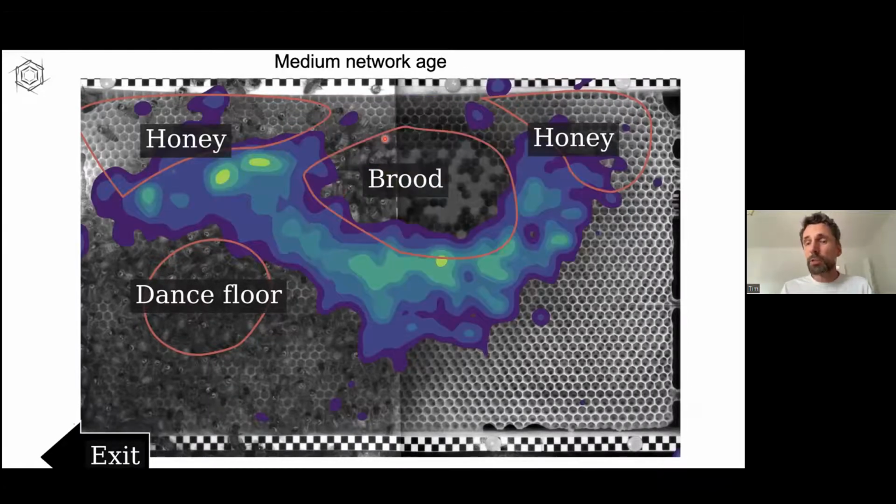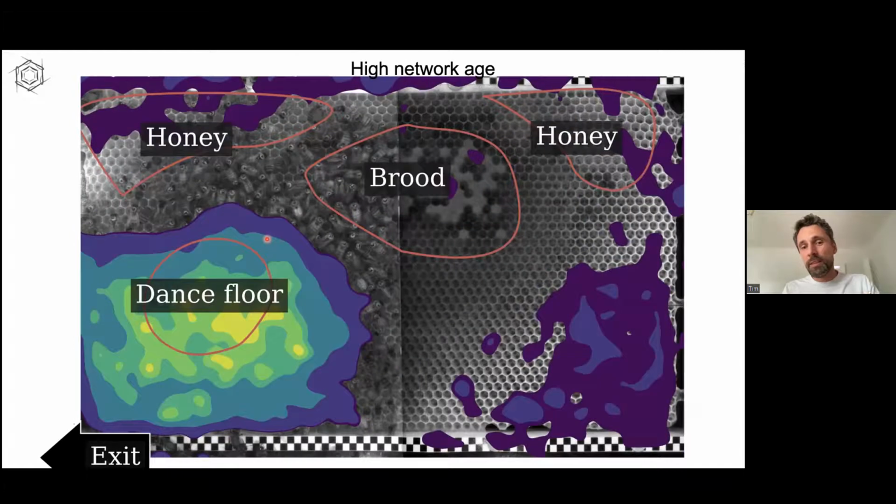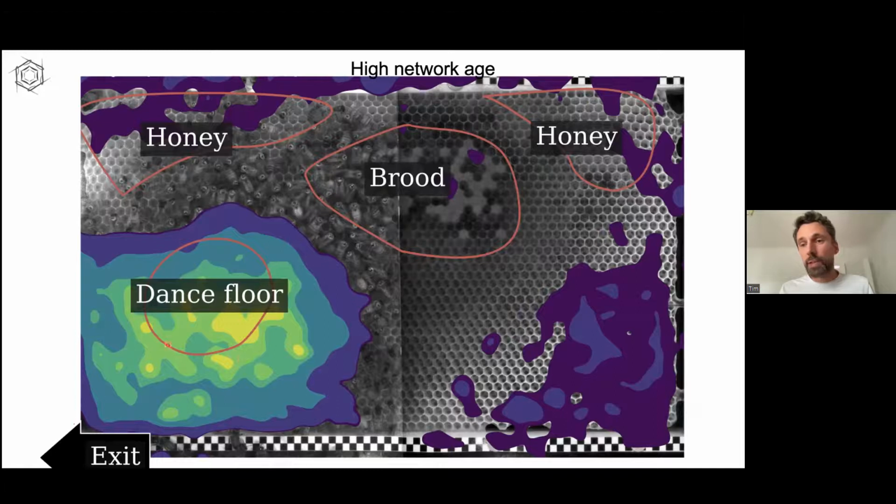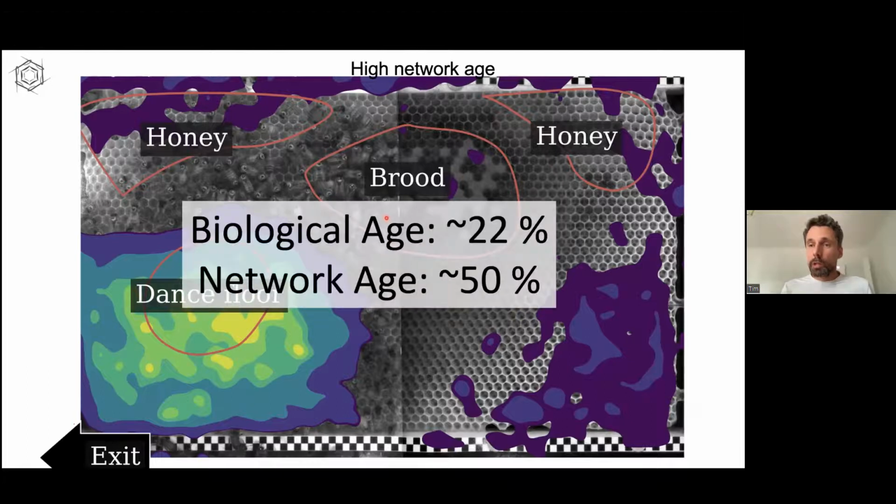But in network age, the middle network age bees are in this middle region here, and the old ones are on the dance floor, which is a much clearer and much lower variance picture of what we saw in biological age. So using network age, we can predict the task or the presence profiles of individuals more than twice as good as biological age would allow.